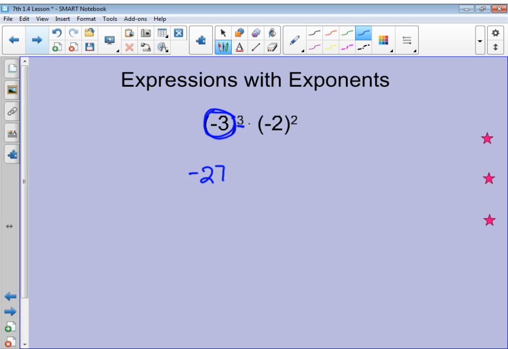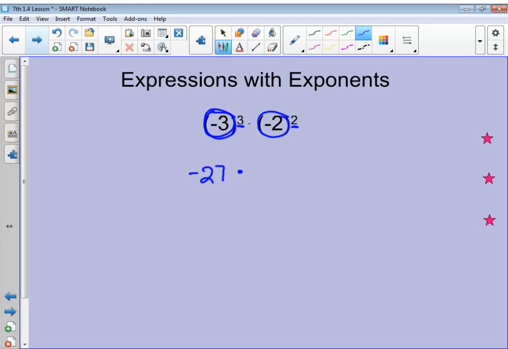Okay, then I'm going to put my multiplication sign, and now I'm going to solve this, because remember it says parentheses. Well, these parentheses really aren't grouping things together, they're just using it to include the negative sign. Then it's exponents, so we solve our exponents, then we get to multiply. So now my 2 is telling me there's 2 negatives in this group, if I were to write it out longhand.